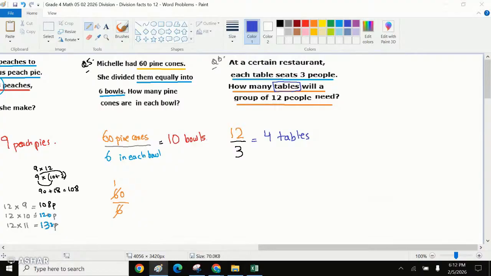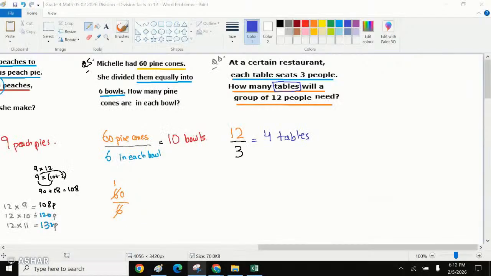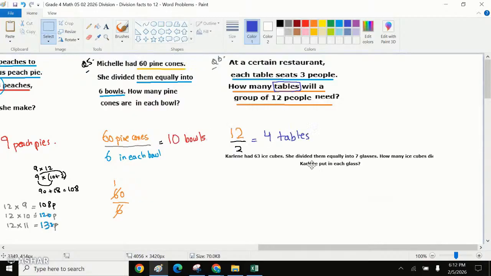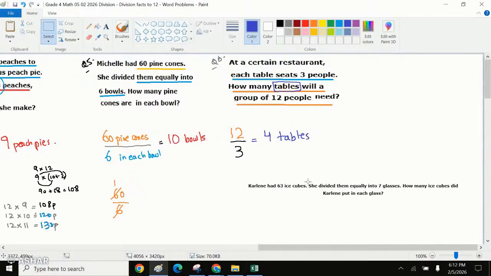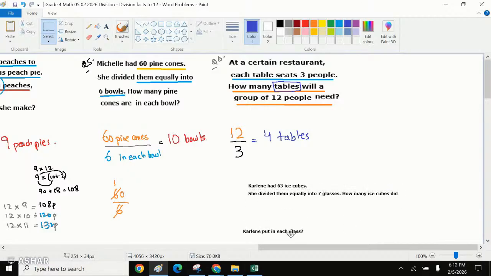The next question says, Carlene had 63 ice cubes. Just a moment, let me copy paste. She divided them equally into 7 glasses.